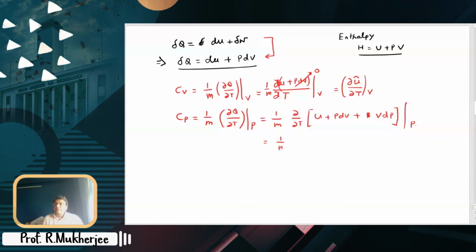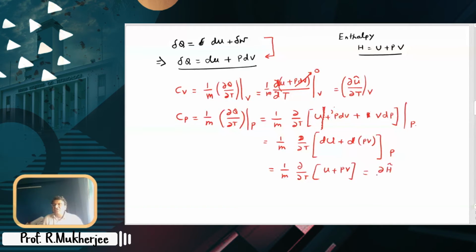So d/dt of U plus PV, and 1 by m is there. So it's dH by dT.